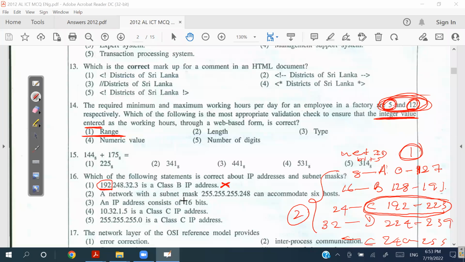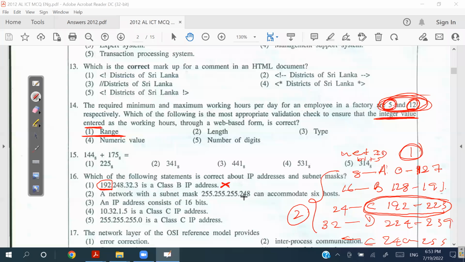A network with subnet mask 255.255.255.248 can accommodate 6 hosts. So 248 means the subnet mask is filled with how much? 248 plus 7 is 255.